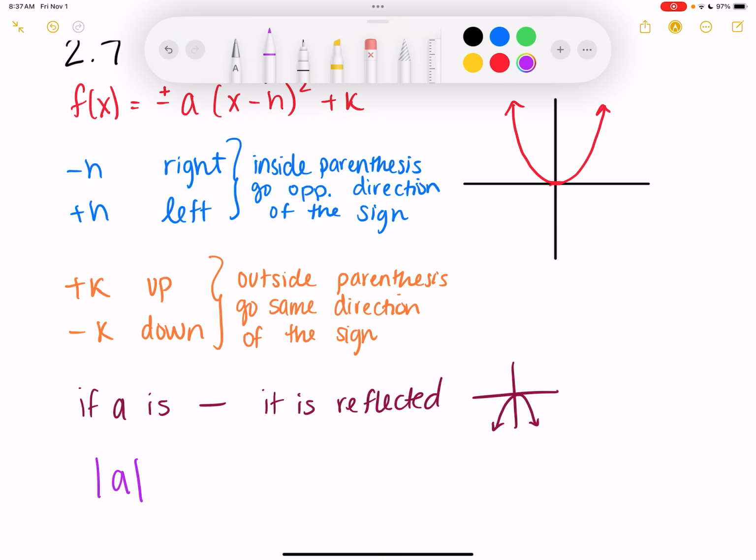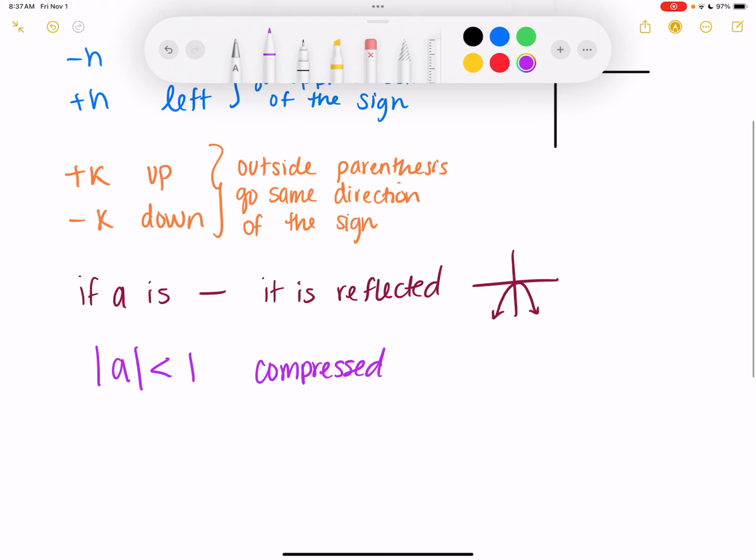If the absolute value of a is less than 1, meaning essentially that it is a decimal, a fraction, something like that, then it is compressed. And if the absolute value of a is greater than 1, it is stretched.